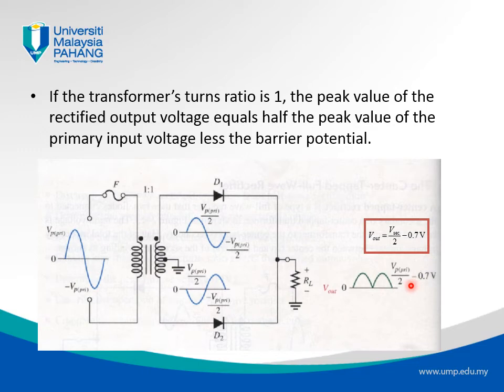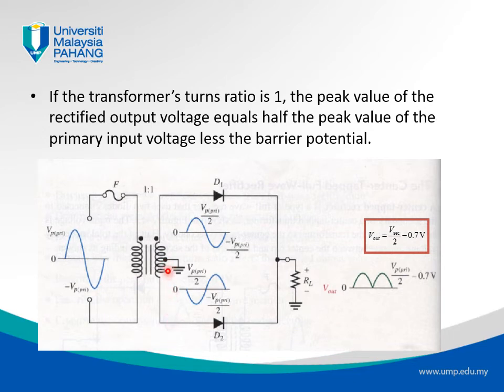So what is the consequence of this? The consequence is, if we want, for example, the voltage across the load resistor to have a peak value equal to the peak value of the input, it means we have to increase the ratio. We have to increase the ratio exactly by 2, because we're dividing by 2.